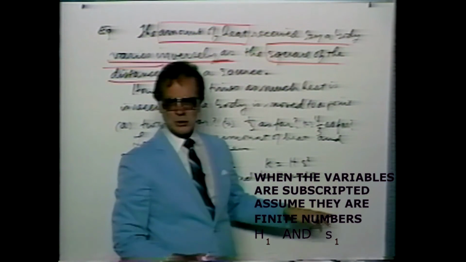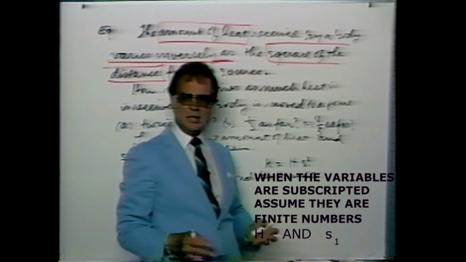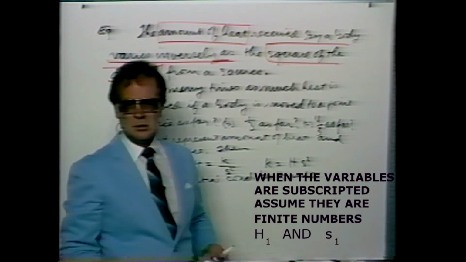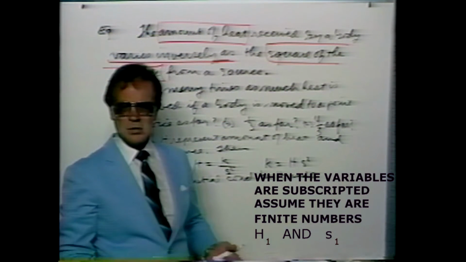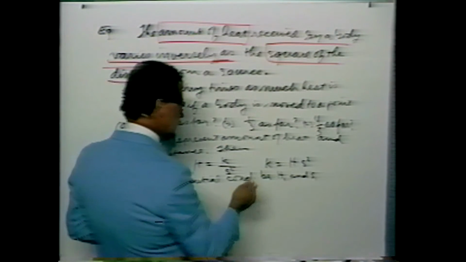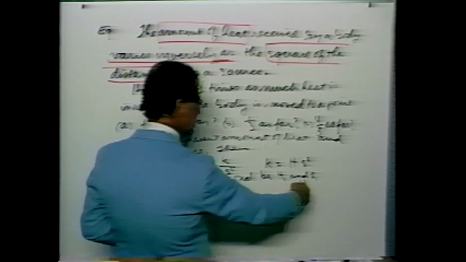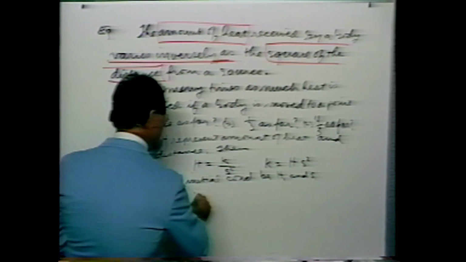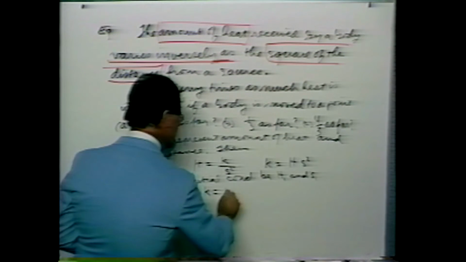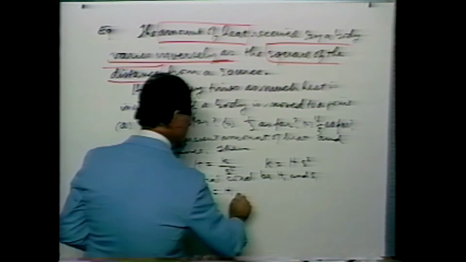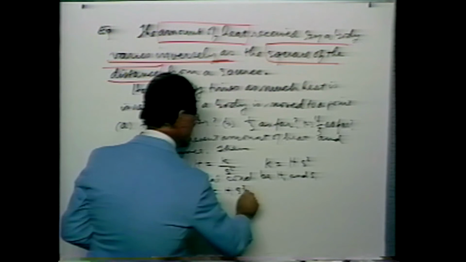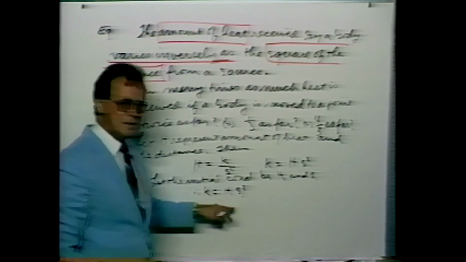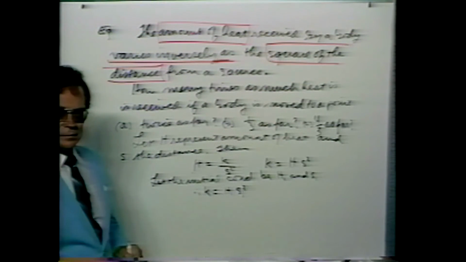Well, if those are numbers, the next step is to calculate the constant of variability, the constant K. So let's solve for K using H1 and S1. Therefore, K is equal to H1 times S1 squared. Use this value for K in the given formula.